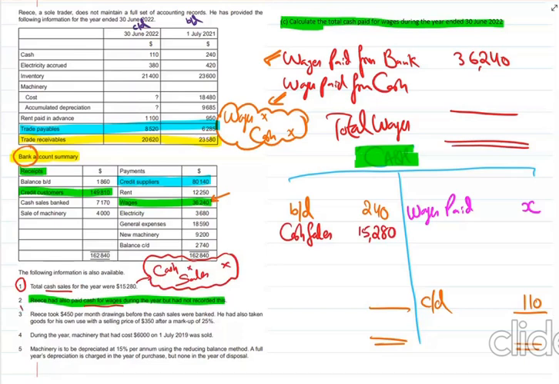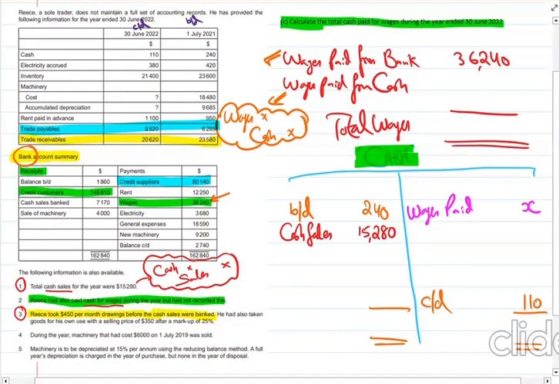I need you to read note number 3. Note number 3 says Reyes took 450 per month drawing before the cash sales were banked.